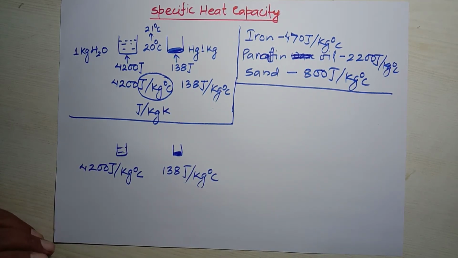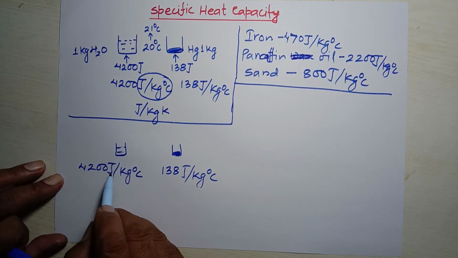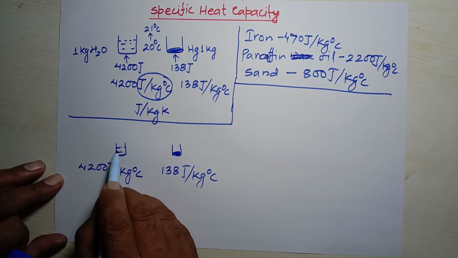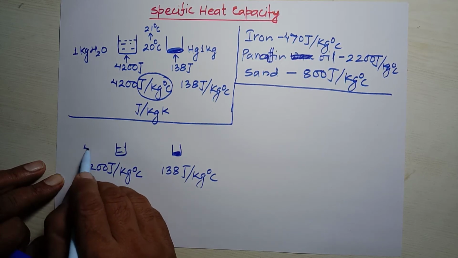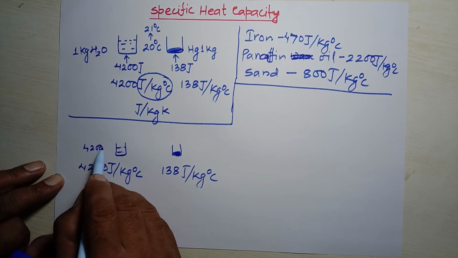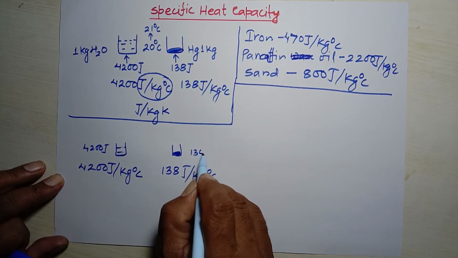Why? The reason is very simple. For every 1 degree Celsius rise in temperature, water, if it is 1 kilogram, requires 4200 joule heat energy, and mercury requires just 138 joule heat energy.